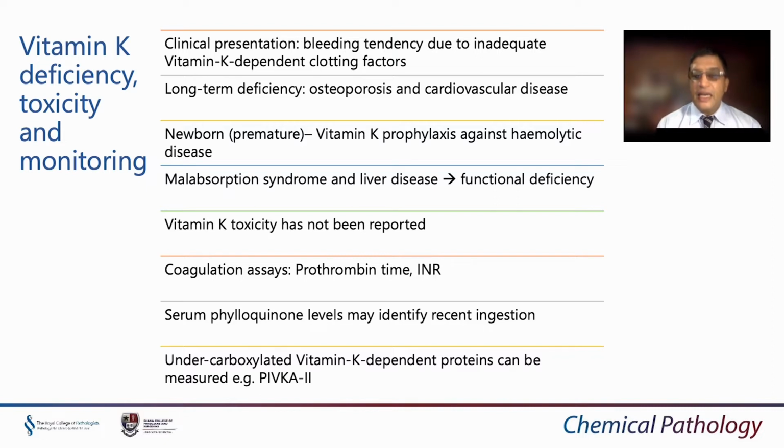Vitamin K can be monitored by surrogate markers, prothrombin time and INR, and these provide a measure of the degree of carboxylation of the factors responsible for coagulation. Serum phylloquinone levels may identify recent ingestion, and undercarboxylated vitamin K dependent proteins, for example PIVKA-II, are preferred.